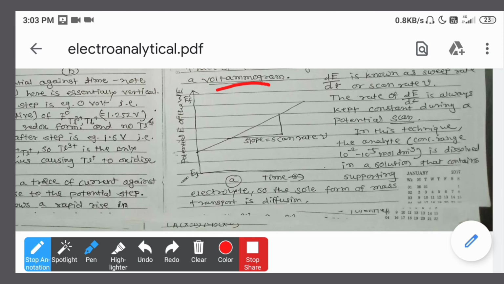So the output is current versus voltage, and here dE/dt is known as the sweep rate or scan rate, that is the change in potential with respect to time, and this rate is always kept constant during the potential scan. In this technique an analyte concentration of about 10 raised to minus 2 to 10 raised to minus 5 moles per dm cube can be determined.